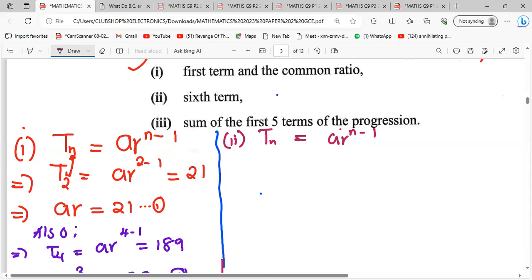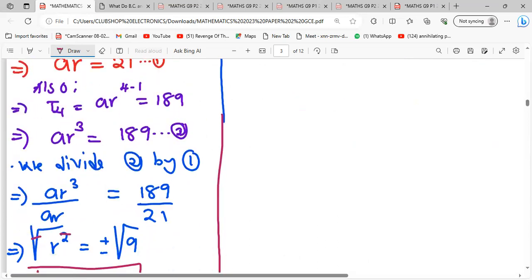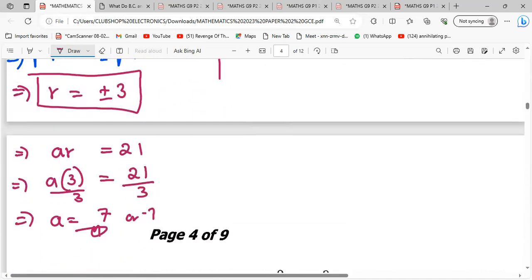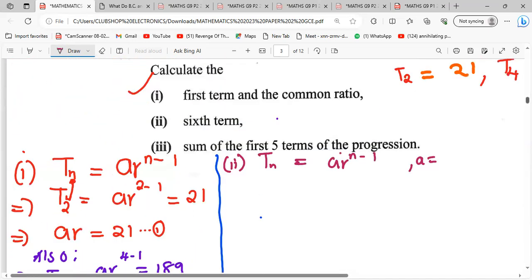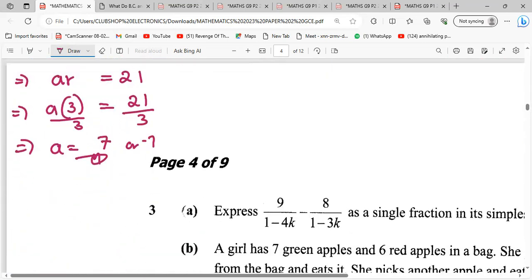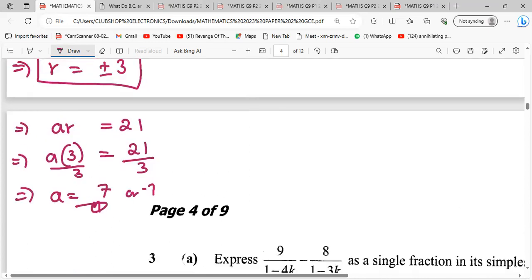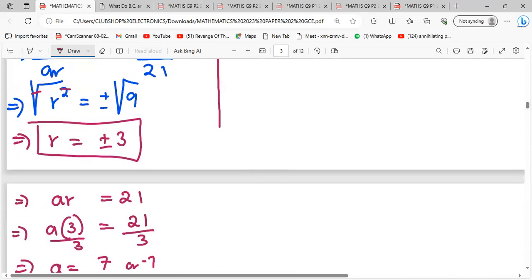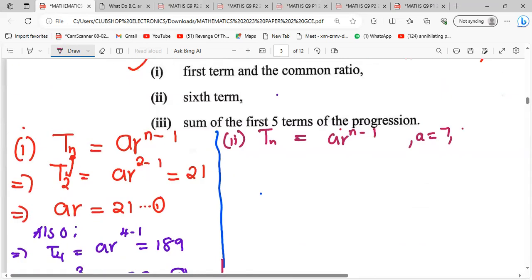So in this case, we take A as positive 7. A is positive 7, means our R is positive 3.